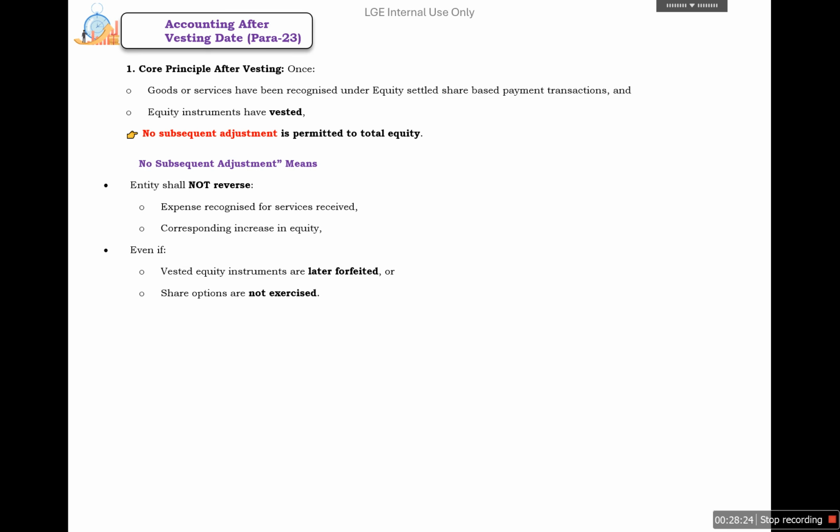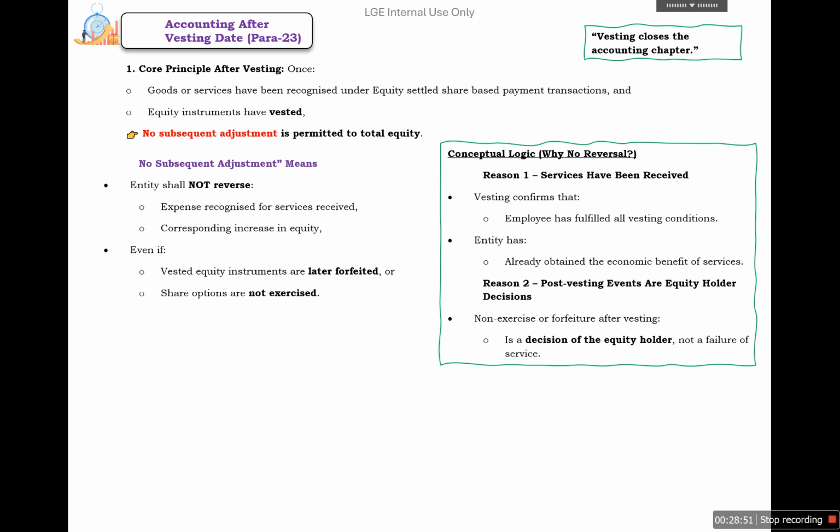So the core rule is that vesting closes the accounting chapter. No subsequent adjustment means that the entity will not reverse the expenses that it has recognized and the corresponding increase in equity. Even if vested equity instruments are later forfeited or options are not exercised, once it has vested, there is no option to change it.